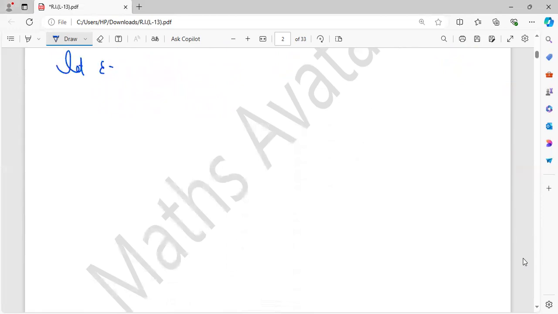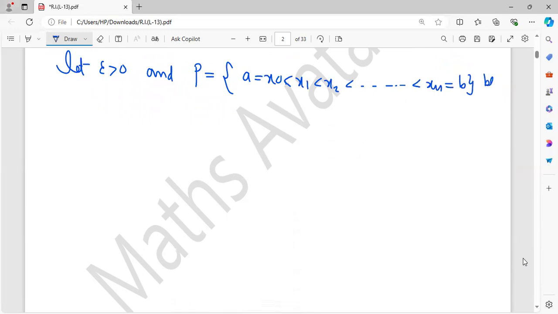Let epsilon be greater than 0. And P = {a = x0, x1, x2, ..., xn = b} be a partition of closed interval [a, b].